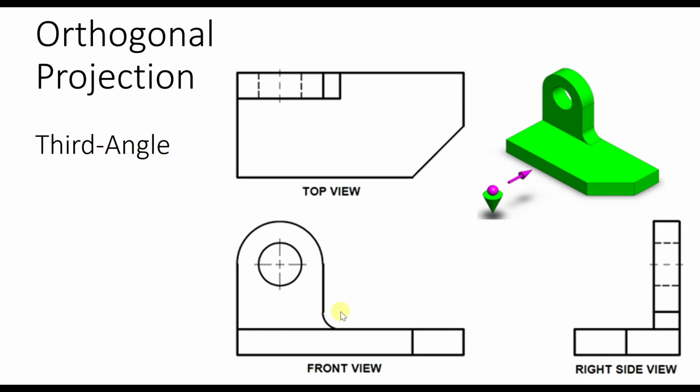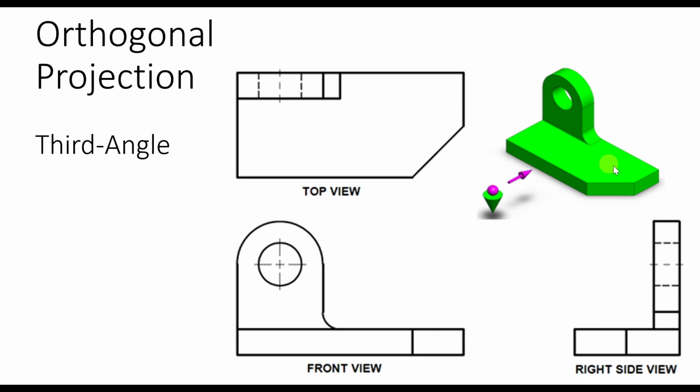In third angle, if you assume this is the front view, the top view is developed as if you're looking from the top of the front view, and you put the view at the top of the front. Similarly, the right side view will be placed on the right side of the front view and will be developed as if you're looking from the right side.